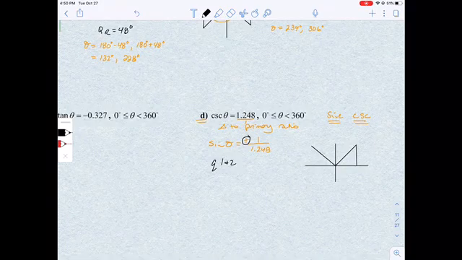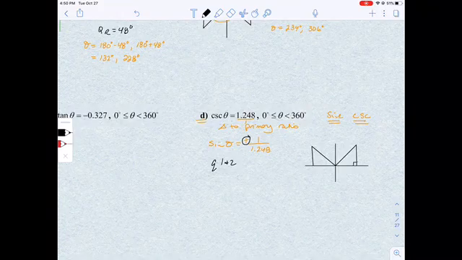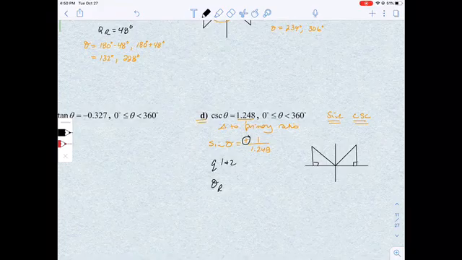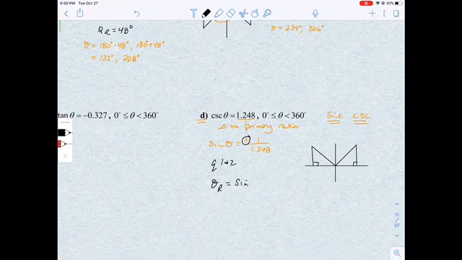We're just drawing a little sketch, and away we go. So there's my two right angles, and what's our reference angle? Theta r is the inverse sine of 1 over 1.248. I'm just going to plug that right into my calculator. My reference angle is 53 degrees.